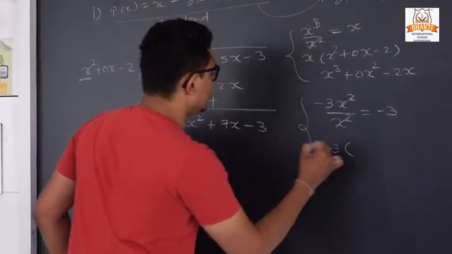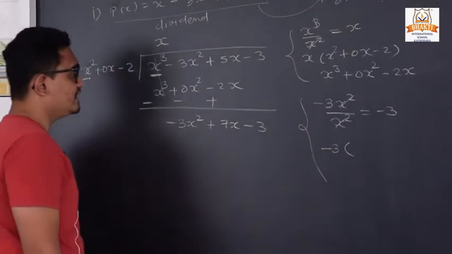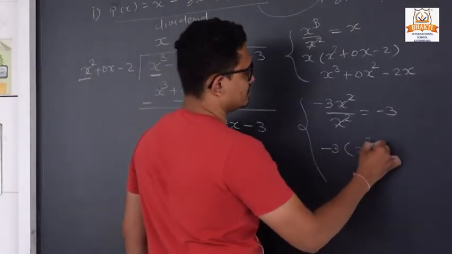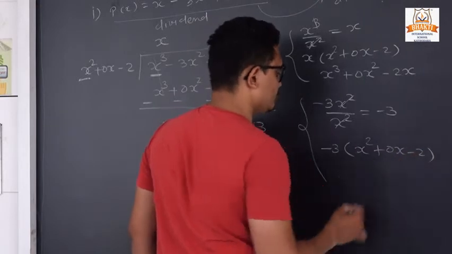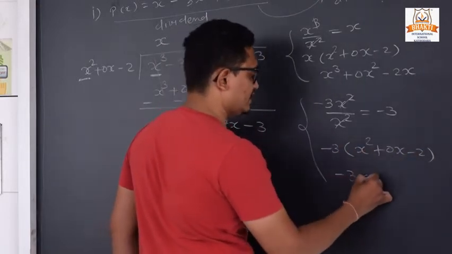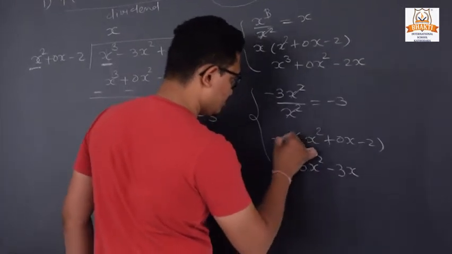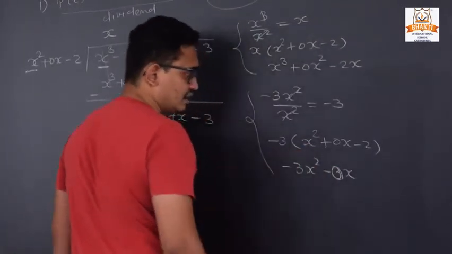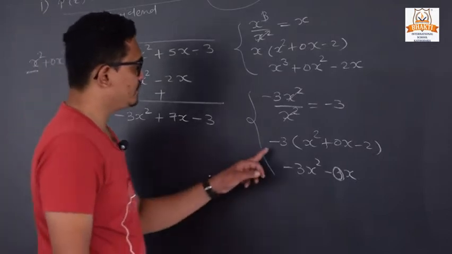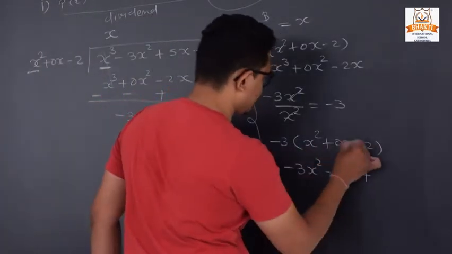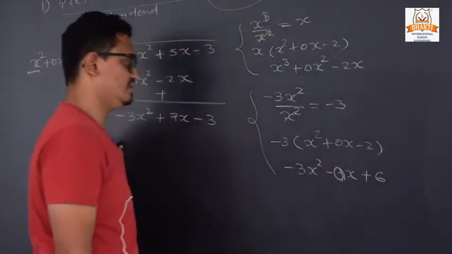So minus 3, once again multiply with this divisor: x square plus 0x minus 2. So it will be minus 3x square. Then minus 3 into 0x will be 0. Clear? It will be 0. Minus minus became plus, and 3 twos are 6.